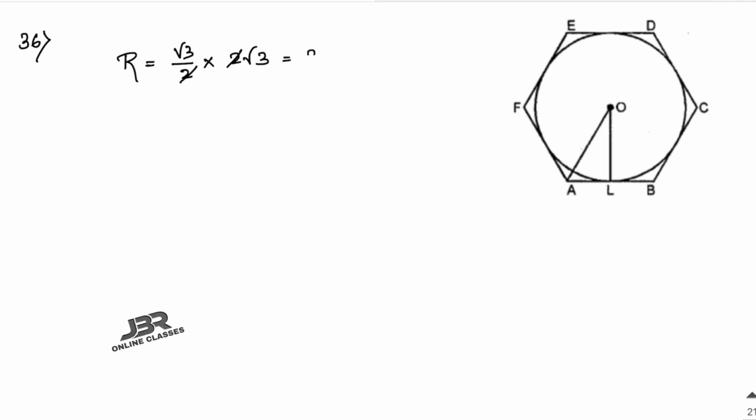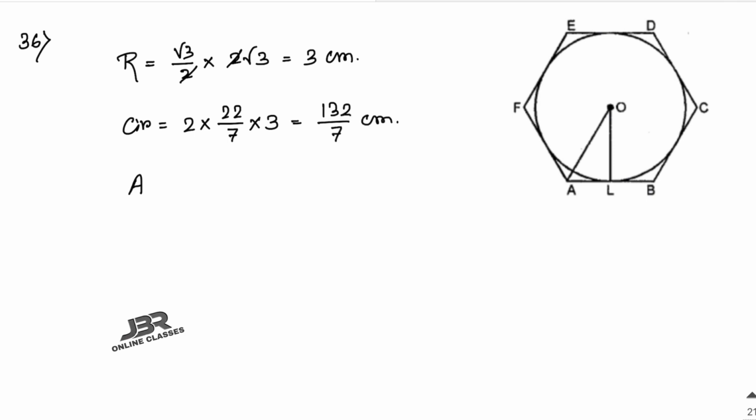So 2 cancels out, here 3 centimeter. So you can easily find out the circumference. The circumference equals 2 pi r, 2 into 22 by 7, then r means 3. So that equals 6 into 22, so 132 by 7 centimeter as your answer.